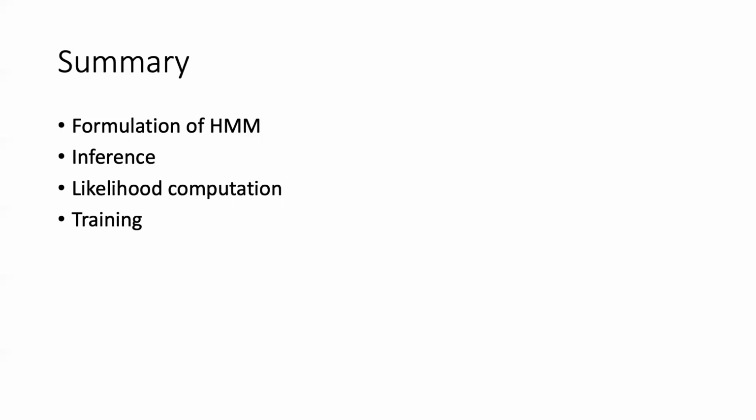We also discussed the forward algorithm to compute the likelihood of the data using forward and backward probabilities. And finally, we discussed two approaches to estimate the parameters, depending upon the availability of labeled data, supervised and semi-supervised approaches.